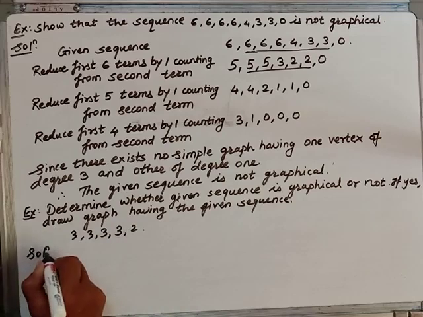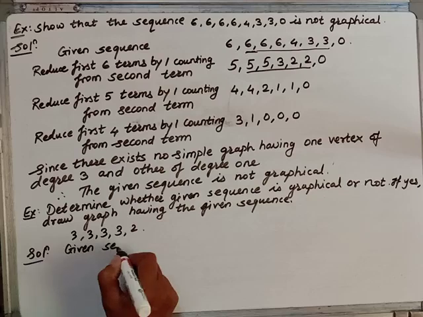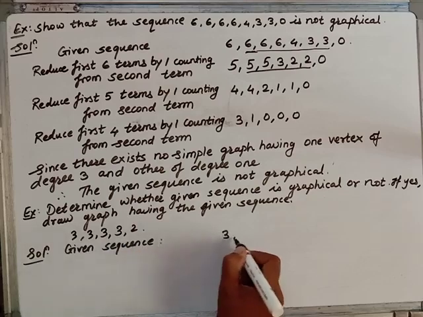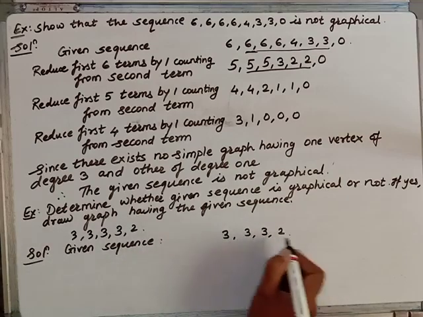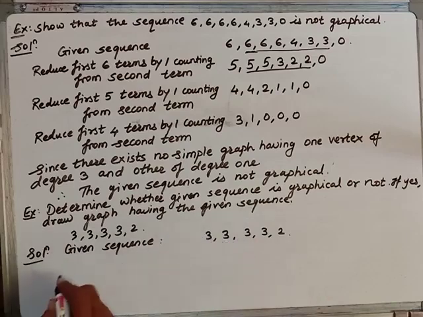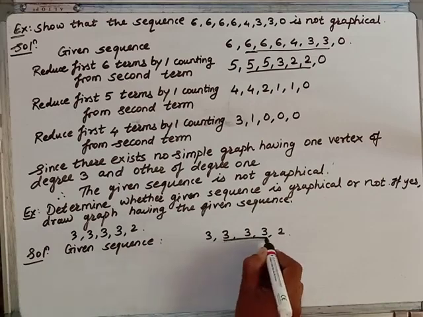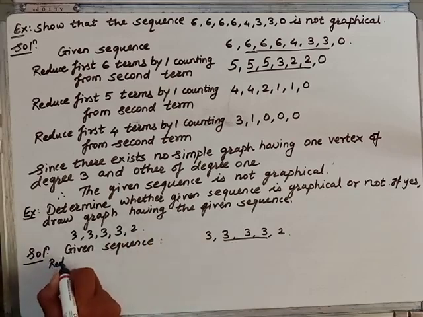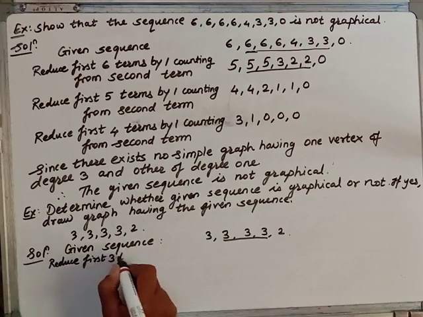Solution. Given sequence is 3, 3, 3, 3, 2. Now, the first term is 3, so we will reduce these 3 terms by 1, counting from the second term.